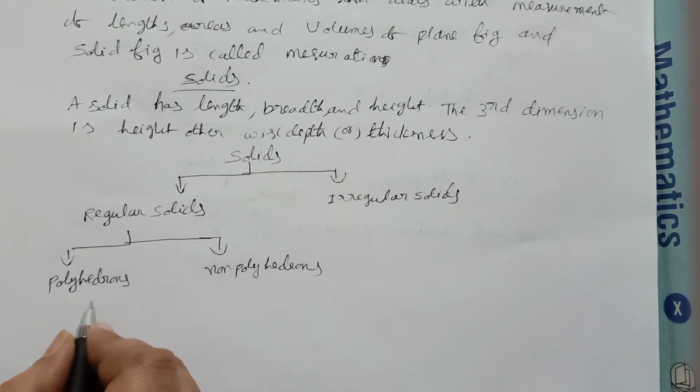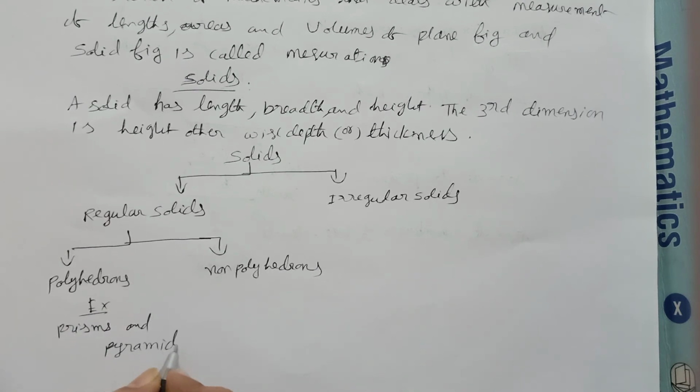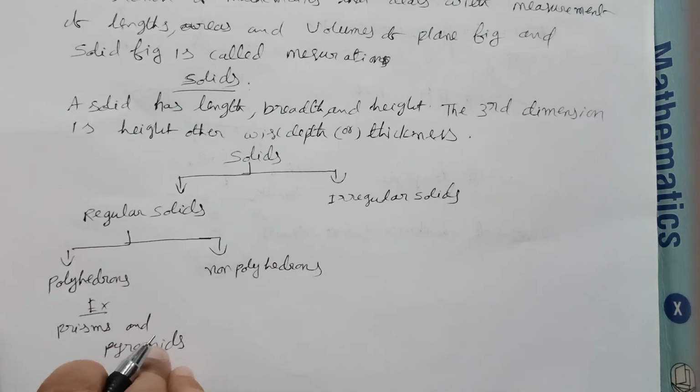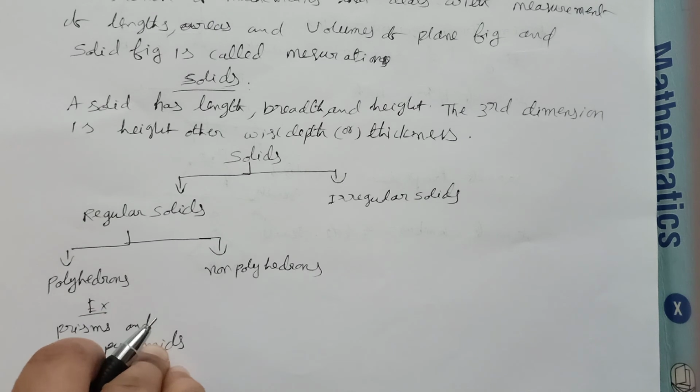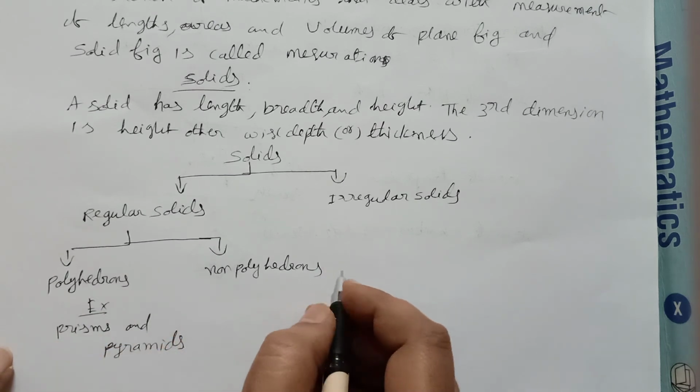Examples of polyhedrons are prisms and pyramids. The non-polyhedrons are also called rounded solids.